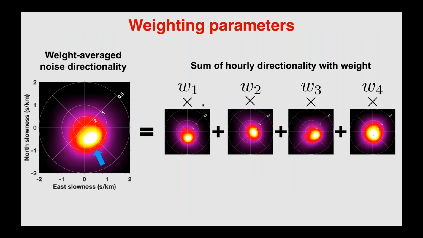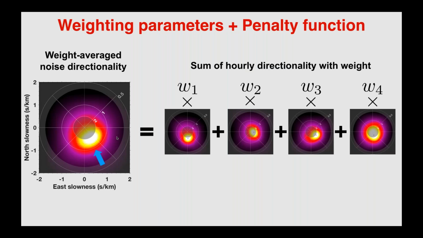I propose a very simple way to overcome these limitations. I put weighting parameters at each hour and do the summation with this weight, and try to make these beams more homogeneous. I also use penalty functions because they stabilize the inversion.